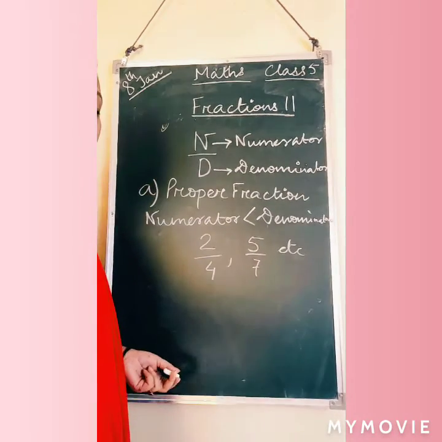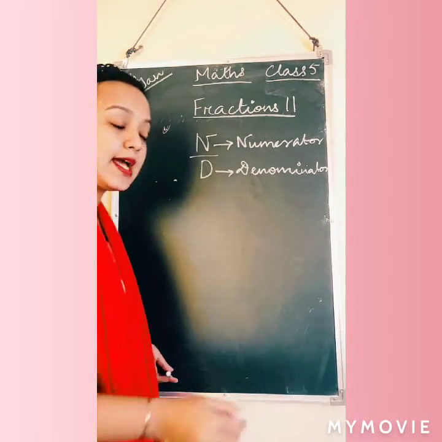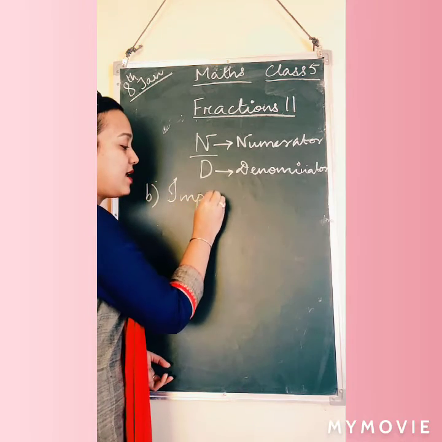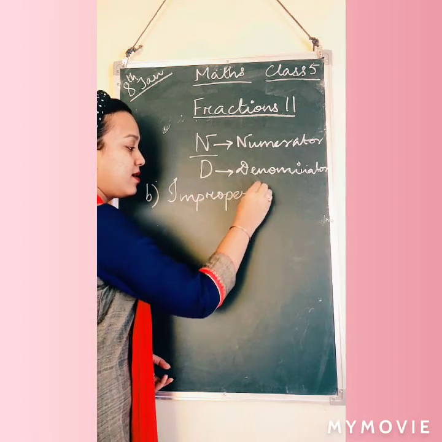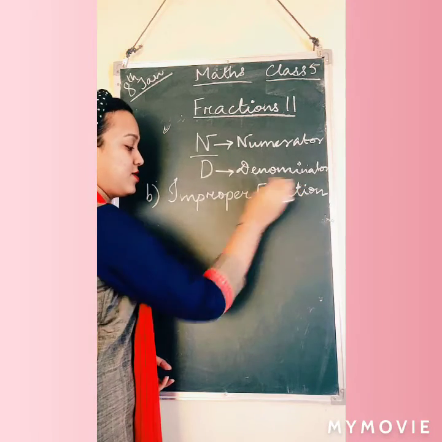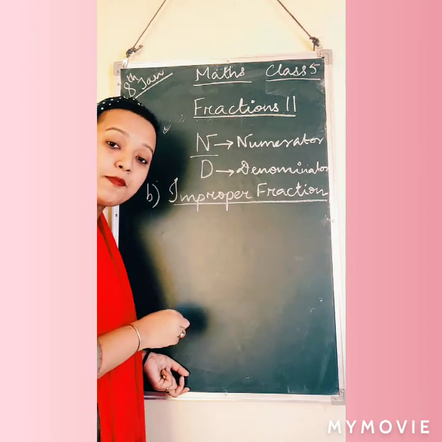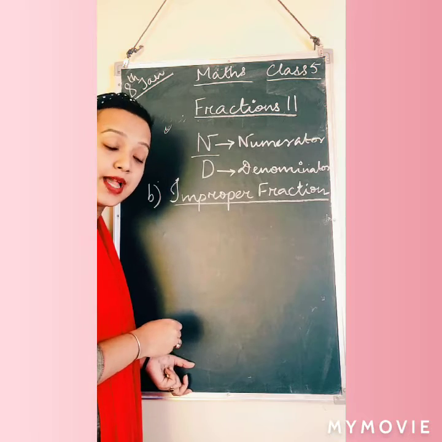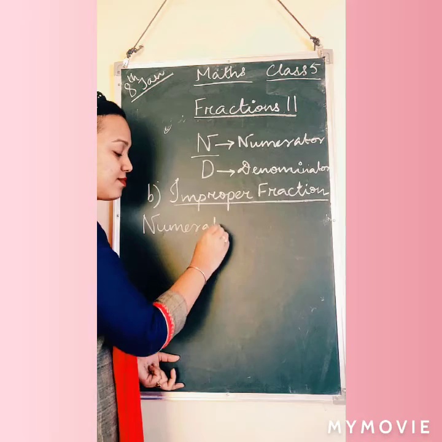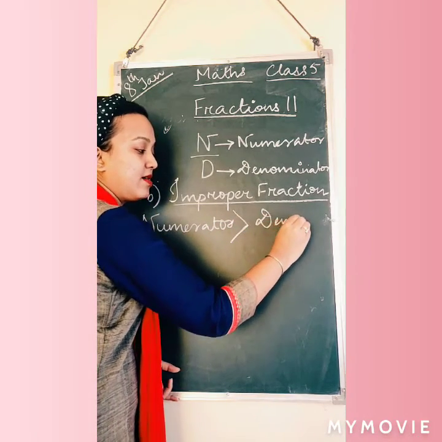Now we have one more type. The other type is the improper fraction. What is an improper fraction? An improper fraction is a type of fraction in which the numerator is greater than the denominator.